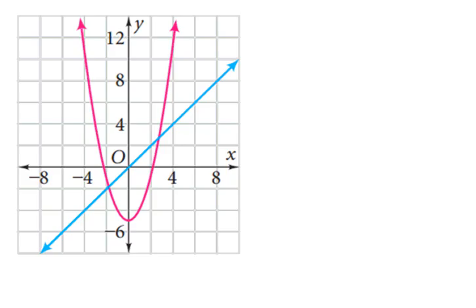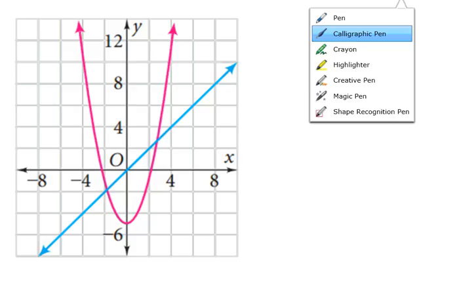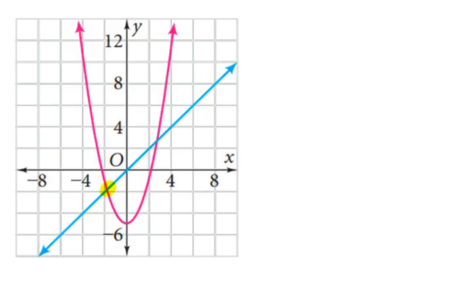So with that said, let's look at what a solution to a quadratic and a linear equation can look like. It's going to look like where two things cross. Now, they might cross in two places, or they might only cross in one place, right?